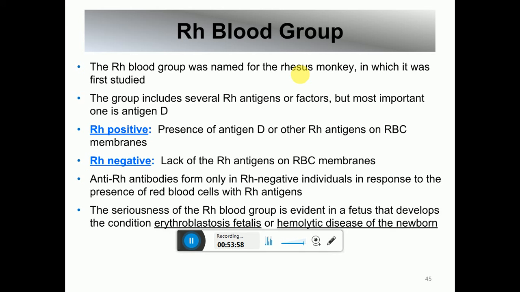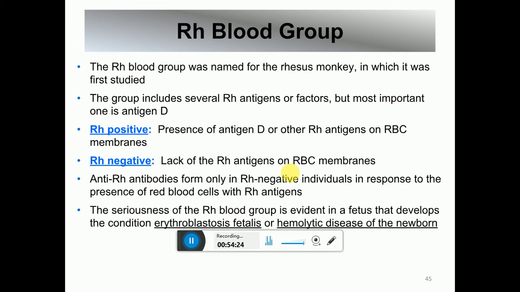Then we found out that we have the same antigen, so we kept the name. It's now commonly known as the Rh factor or the D factor. If somebody's Rh positive, that means the person has antigen D, or the Rh antigens, on their RBCs. An individual who's Rh negative does not have these antigens on their RBCs.